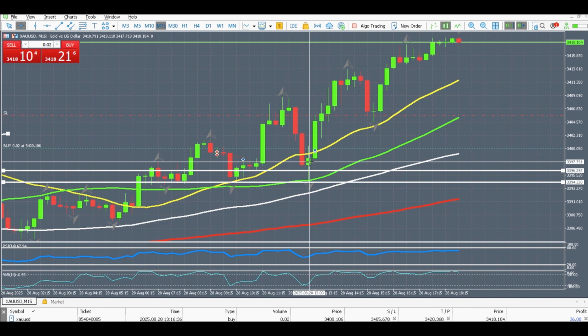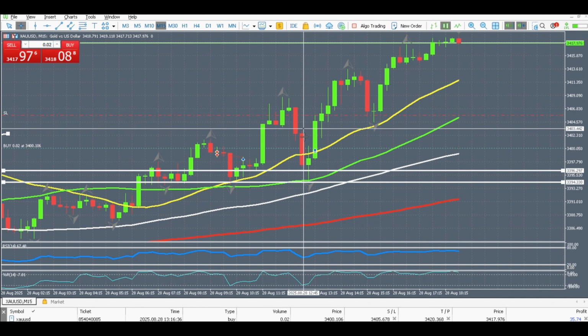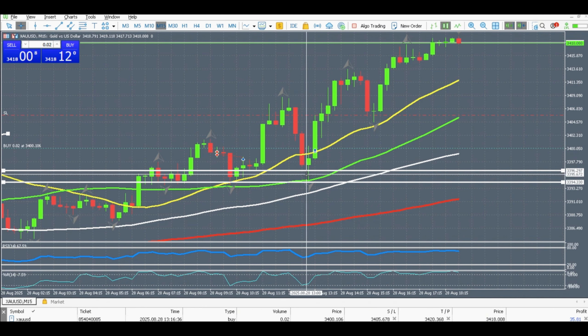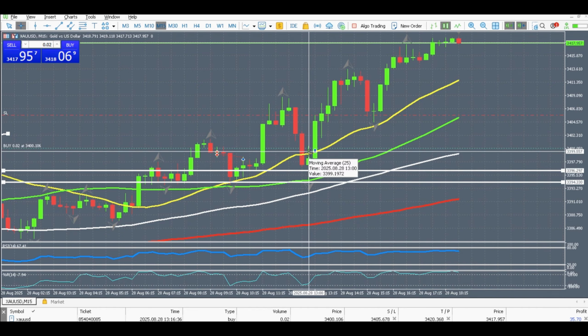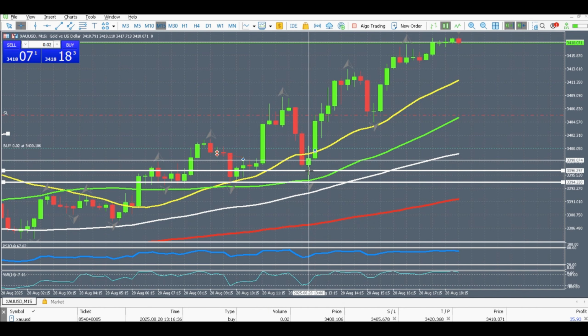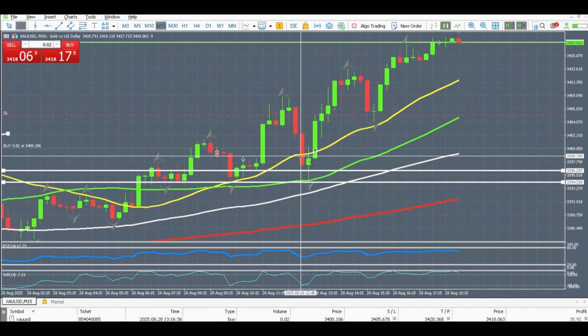But we cannot just enter a trade because price came here to touch. And we saw this bullish spinning top here.